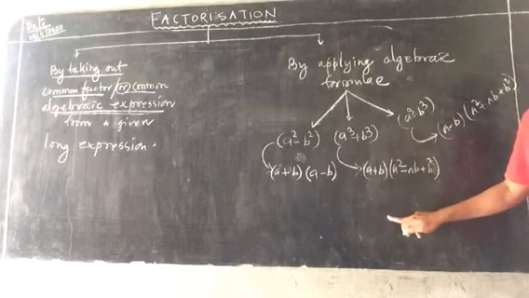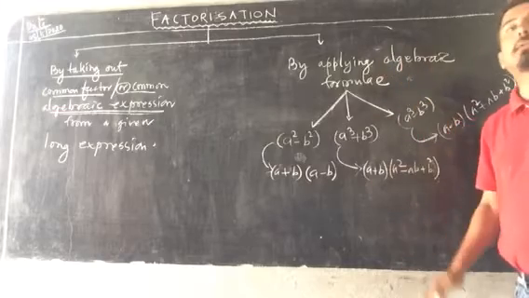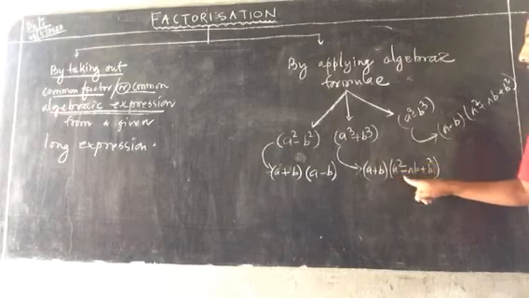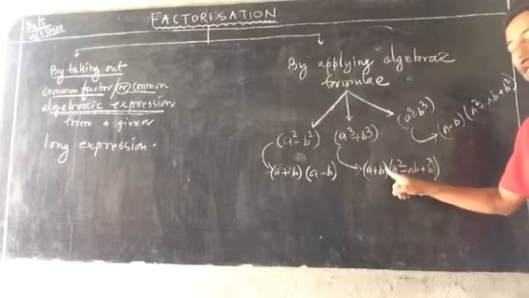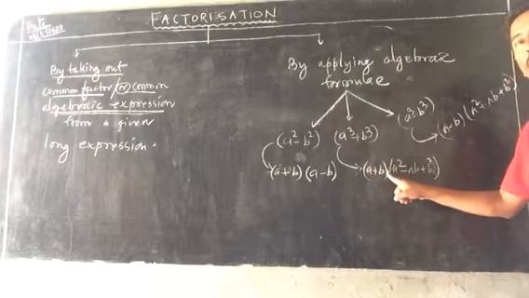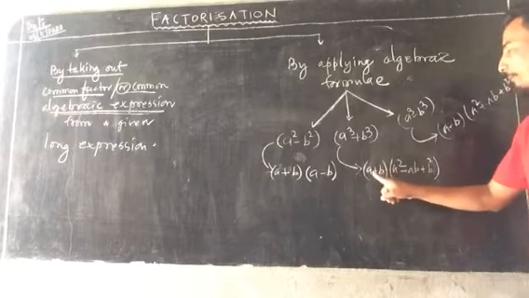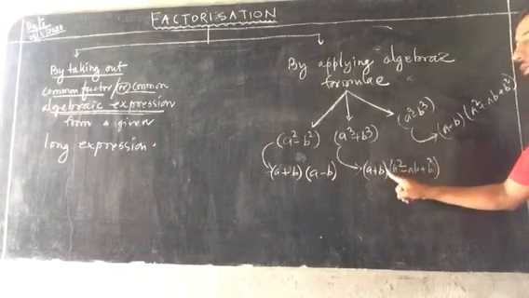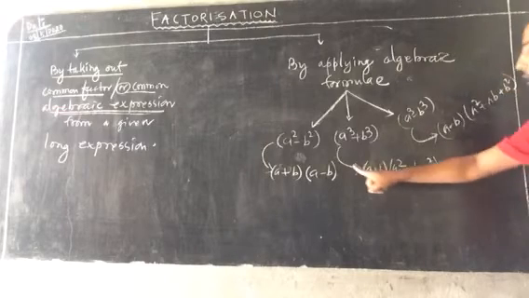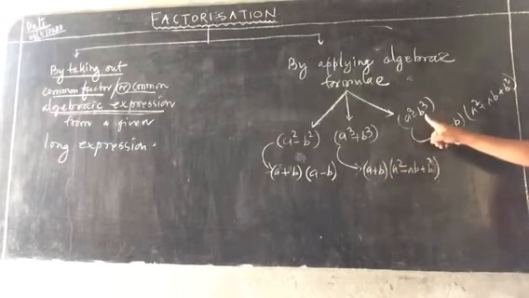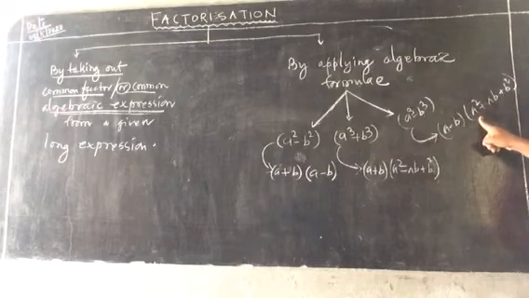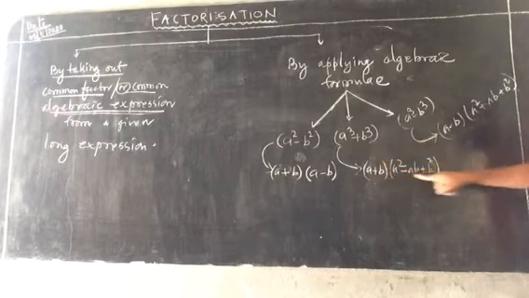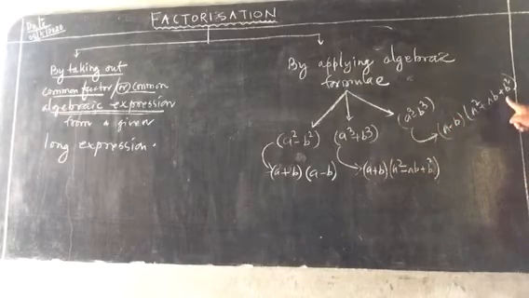But that other formula cannot be used to factorize any algebraic expression, okay? Because this formula is given in the form of a product. You see here, a plus b into means multiply a plus b times a square minus ab plus b square. It is given in the form of a product. These formulas are also given in the form of a product.